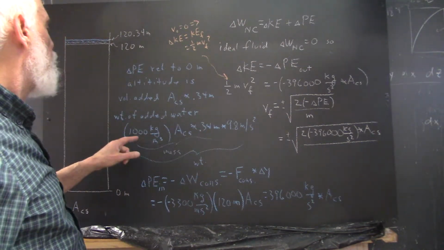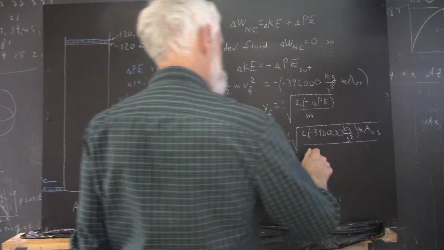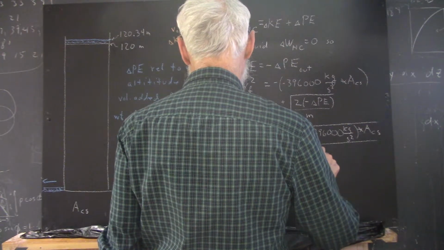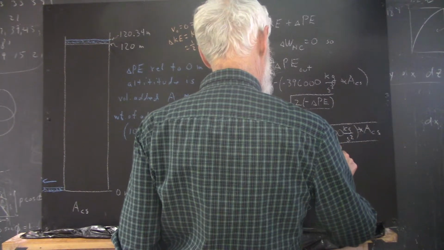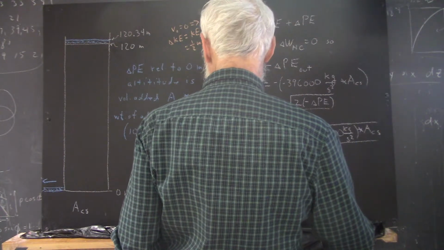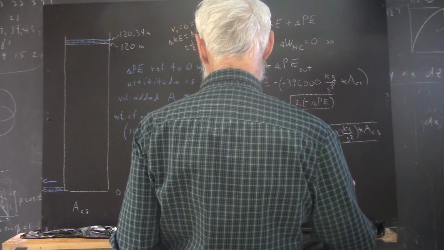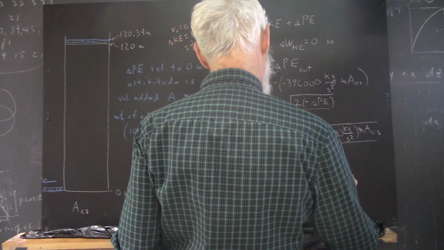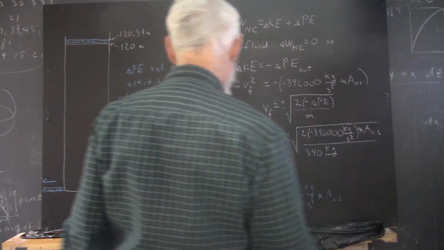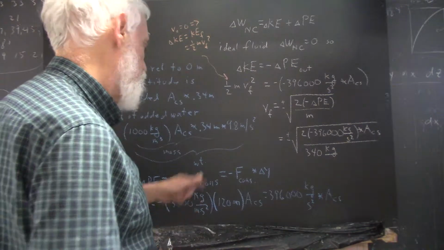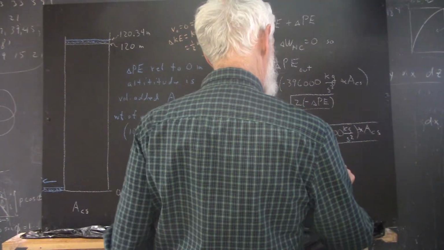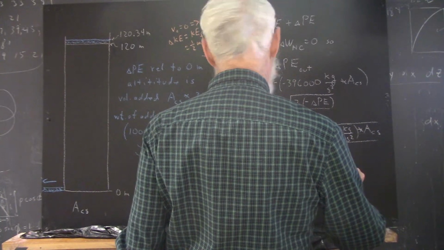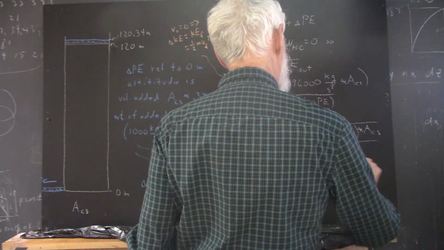It's going to be 340, and it's kilograms per, yeah, I think I missed something in my units. No, never mind. Okay, kilograms per meter squared times ACS.